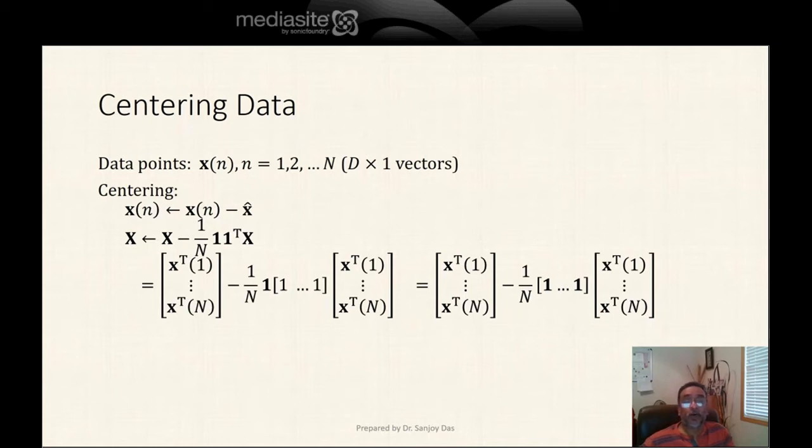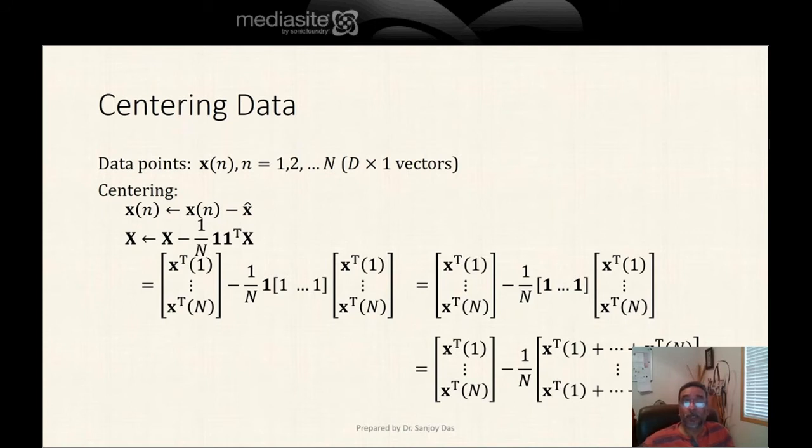It's a row vector of all ones. This 1 transpose, we explicitly express as a row vector of all ones, and so this x is this x here. And then when you do this multiplication, you see that all of these are replaced with bold ones. These are row vectors. And when you do this multiplication, eventually it turns out to be this.